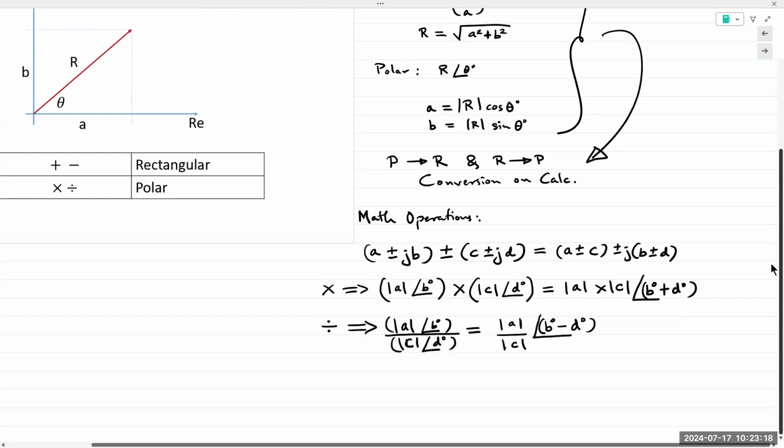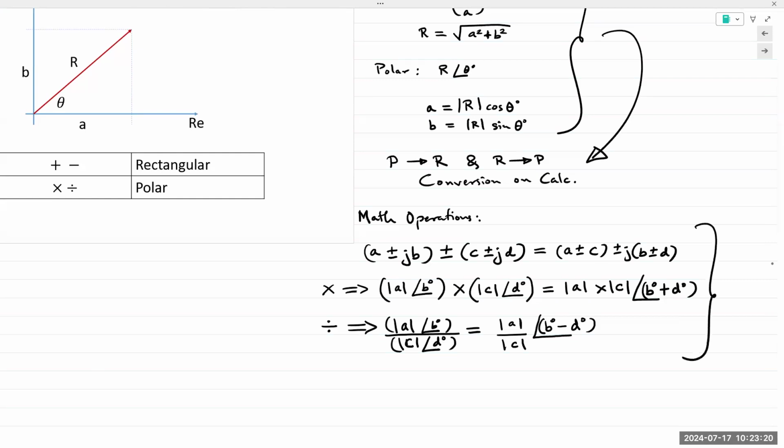Now, these calculations, again, there are many tools that can directly perform this, okay? My calculator is from the 90s, 1992 to be precise, more than 30 years old. So it's not programmable, okay? It can, however, do a polar to rectangular and rectangular to polar conversion, okay?